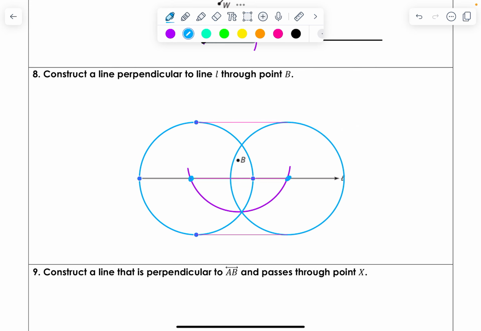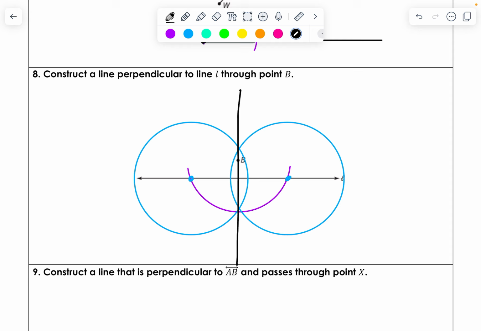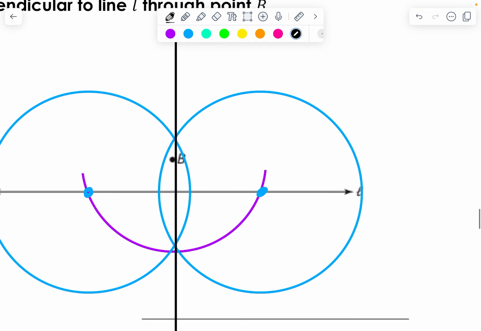Okay. All right, there we go. All right, so I got my two circles here, and then I'm just gonna draw a line that goes through. Hold up, that's a little bit off.